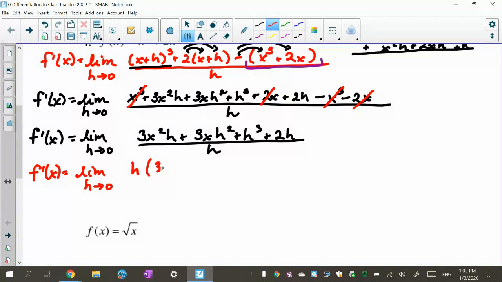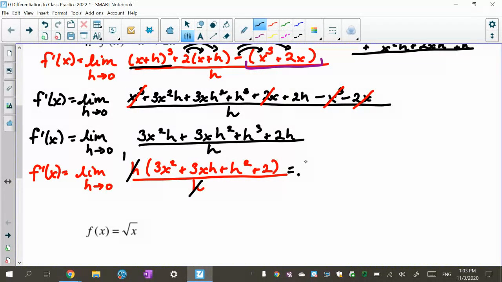So I have 3x squared plus 3xh plus h squared plus 2 all over h. And lo and behold, thanks for playing, these divide to make a 1, or cancel to make a 1. So this equals the limit as h approaches 0 of 3x squared plus 3xh plus h squared plus 2.